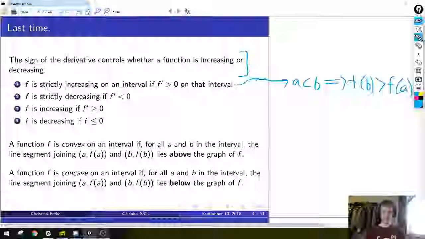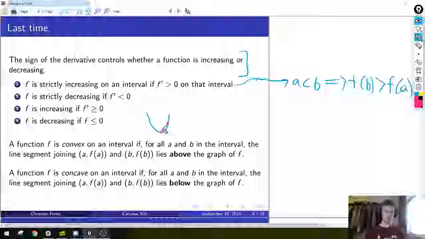So the idea was that something is convex, and if you don't put a word after it, it means convex down. So convex down means that it points down. I think of the v in convex like a v. So a function which points down opens up. So convex down means concave up. And the idea is that that's true if the line segments joining two points always lie above the graph.